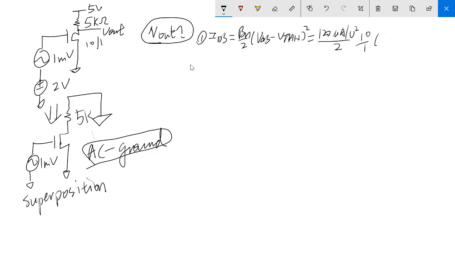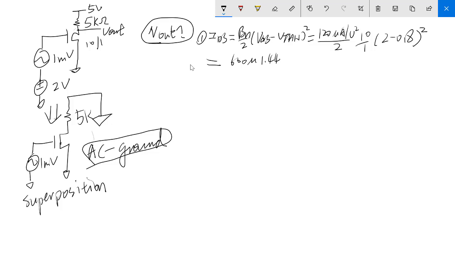And VGS is 2 volts minus 0.8 volts, which is the threshold voltage for the NMOS in the model. And this one equals to what? So here's 60. Let's write it down, which is easier for us. That's 60 microamps per voltage square. 60 micro, so that's really 600 micro times 1.2 squared, which is 1.44.